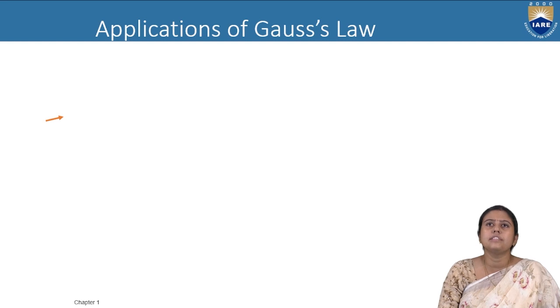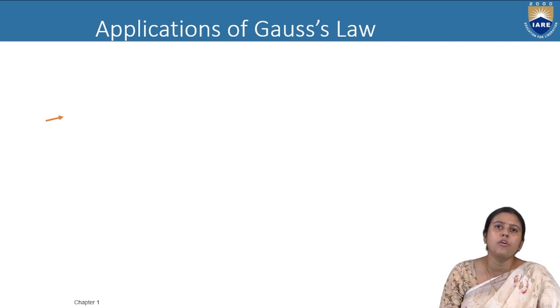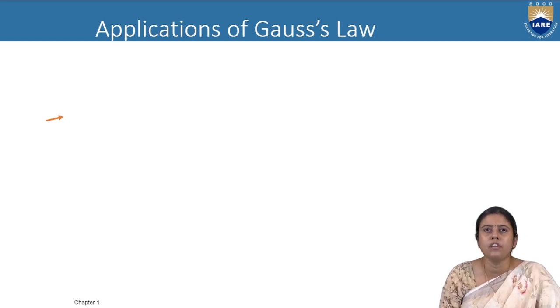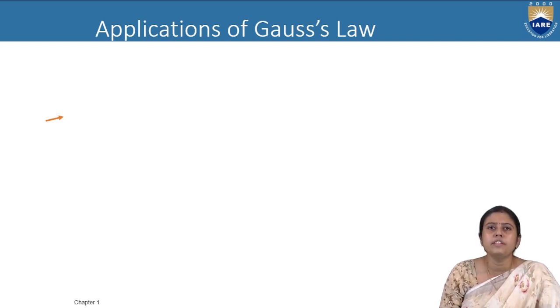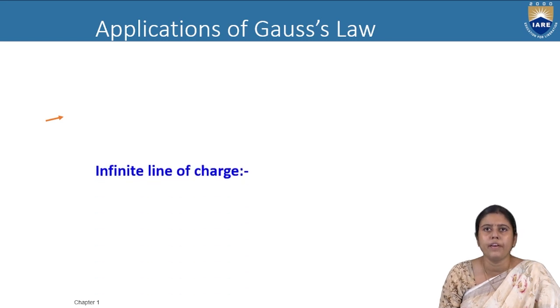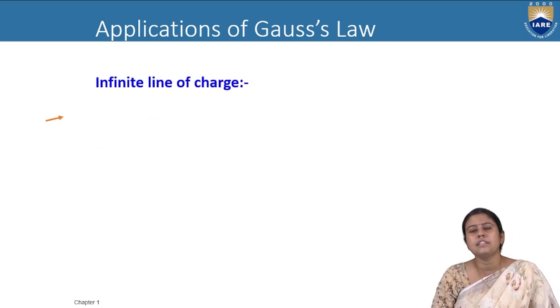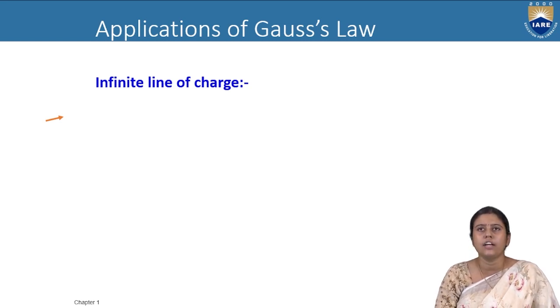Now we will discuss the applications of Gauss law. In my previous lecture on this topic, we discussed many applications of Gauss law. Today we will discuss some more. First, we will take a line charge that is infinite in nature.